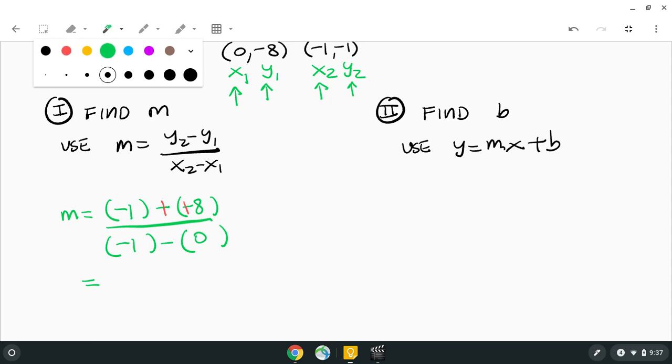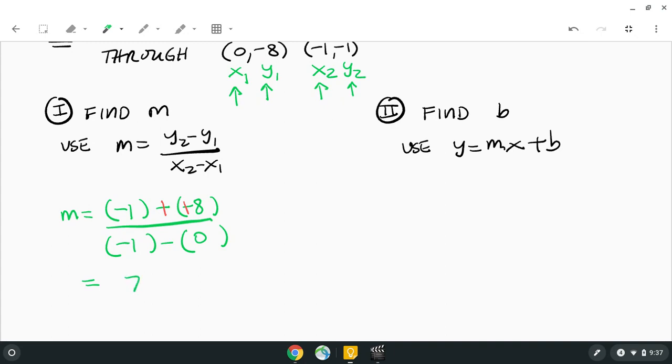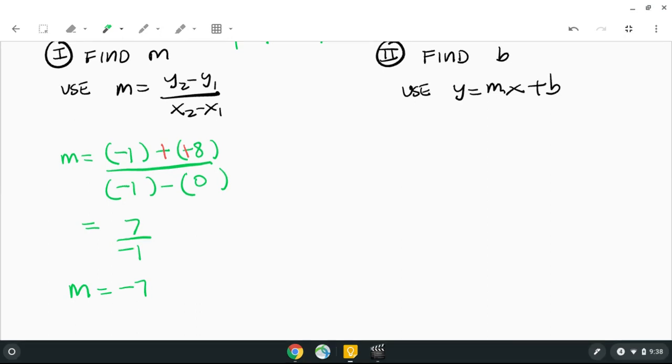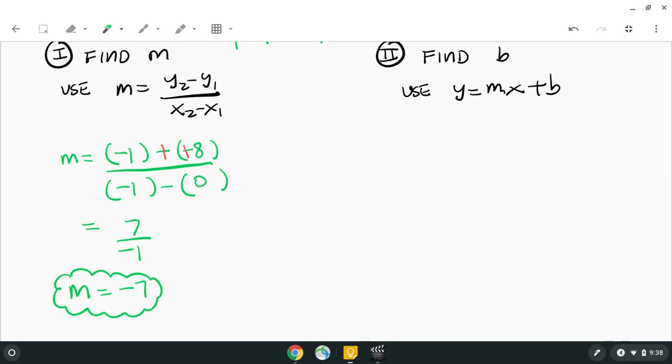Okay, so we're combining -1 and +8. So that would be 7. And down below, that would be -1 minus 0, which is -1. Okay, so this is just -7. Okay, so our slope, I'll write it underneath here. Our slope is -7. Okay, so we found our m. Now we need to find b.